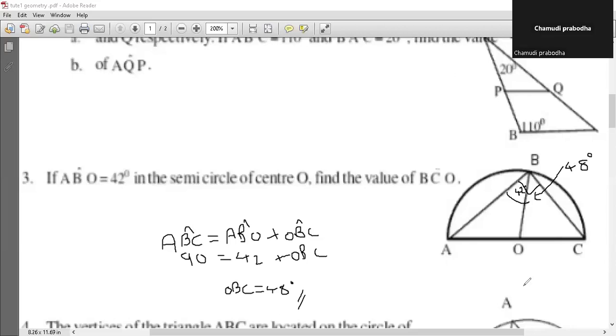In triangle OBC, OB and OC are two radii, so OBC is an isosceles triangle.